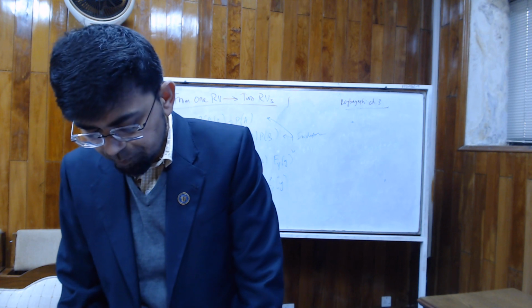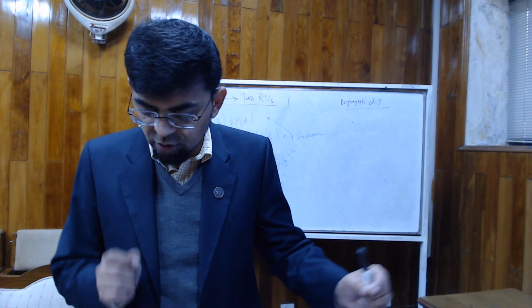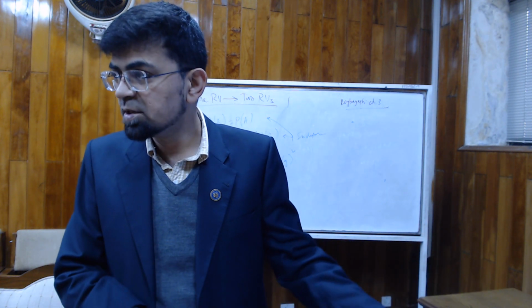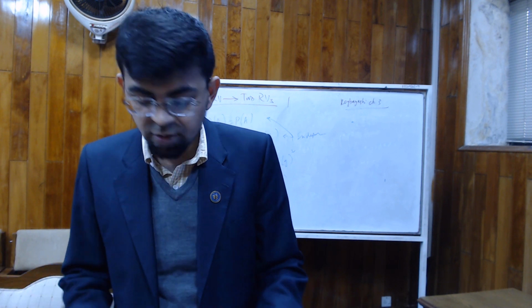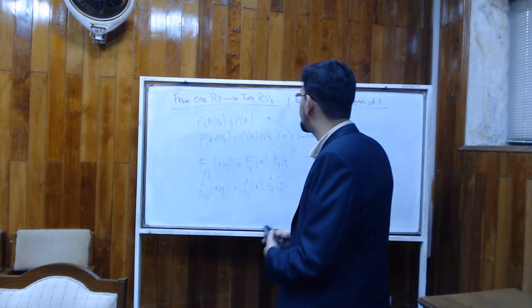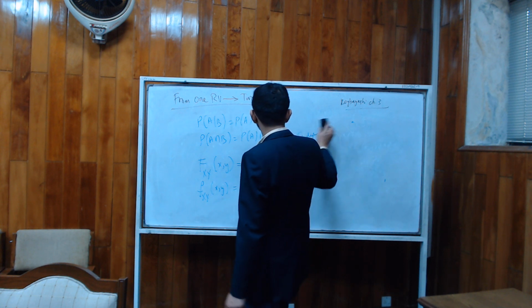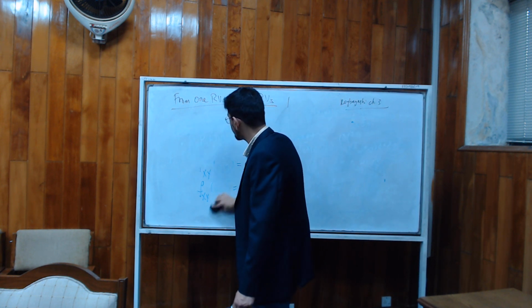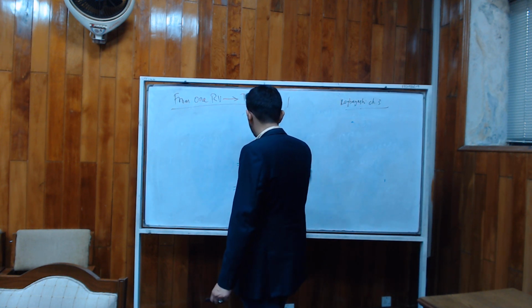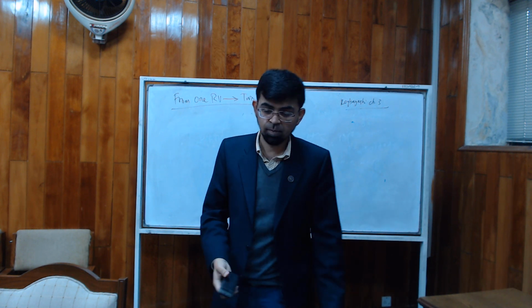Right. So the bivariate cumulative will also have some properties like the univariate one had. So can you think of some properties this will have? It will always be non-decreasing.